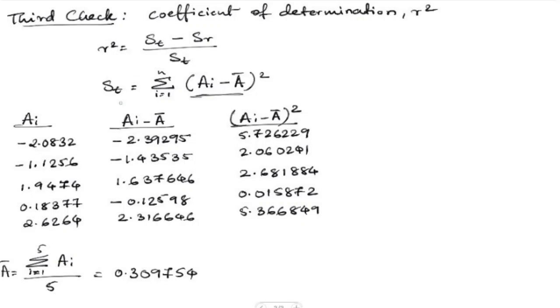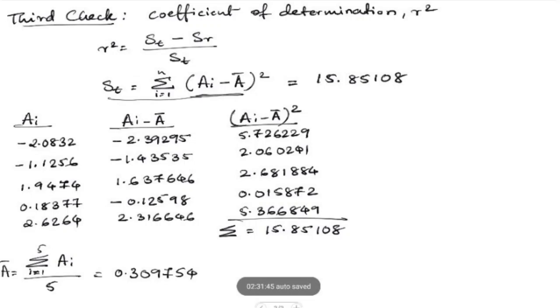And as you can see from the S sub t formula here, we need the summation of all these values here. So the summation will be equal to 15.85108. Alright, so now we know that S sub t is equal to 15.85108, and then we can calculate the r squared now.